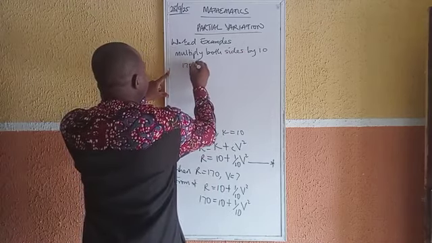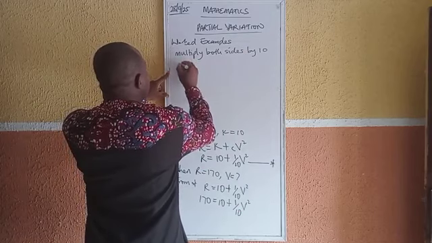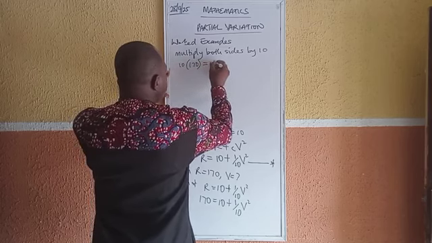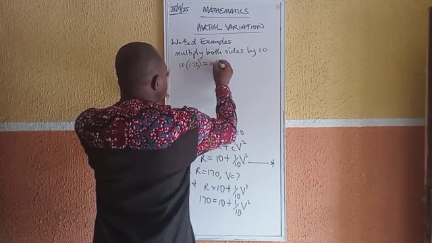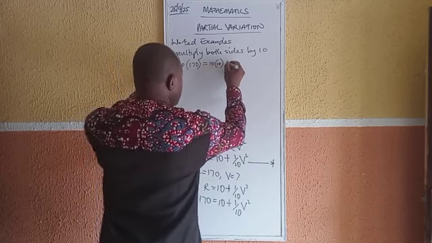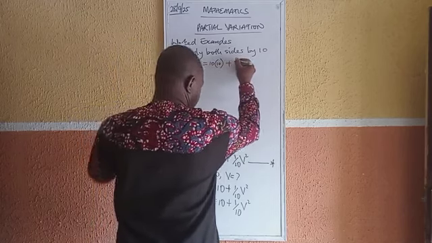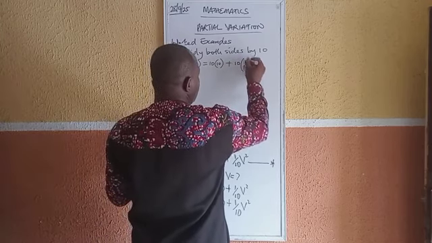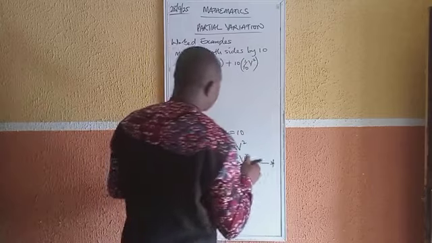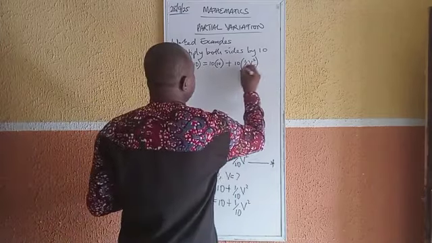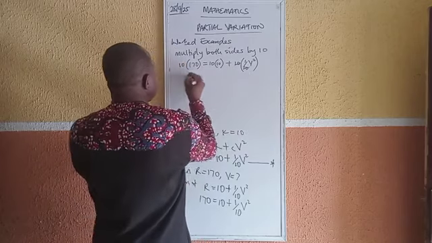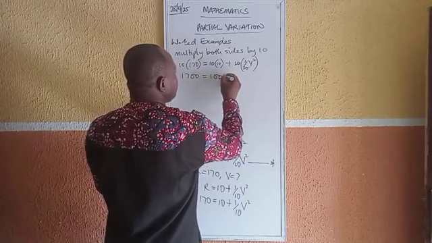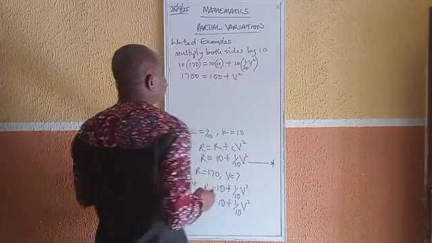That will be 10 times 170 equals 10 times 10 plus 10 times 1 over 10 V squared. 10 will take 10 here. That will be 1700 equals 100 plus V squared.